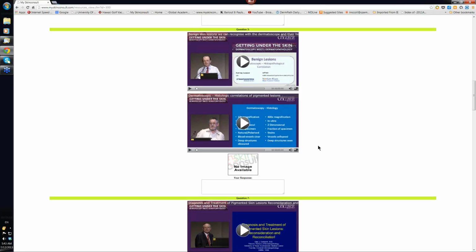Because when you get a histo report back, if it doesn't mention the various things that you would have expected to see, you wonder if the pathologist has actually sectioned it and sampled representative areas of that lesion. So if you like looking at histopath slides and even just looking at a histopath report, and you want to correlate it back to what you were seeing through the dermatoscope, you'll find this lecture by Cliff very useful. I think it runs about 45 minutes.